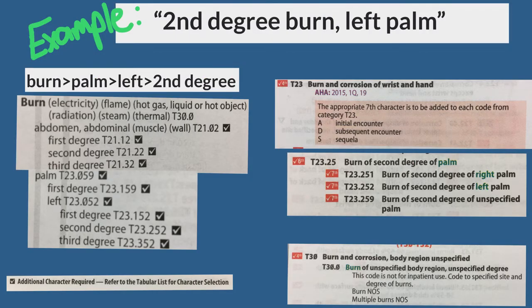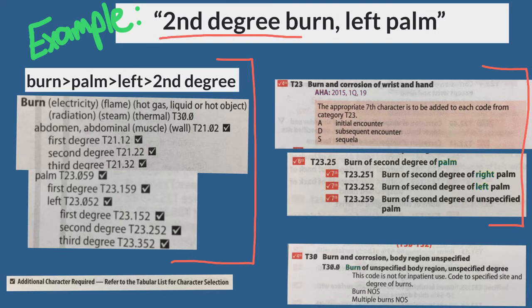Now let's discuss some more the importance of the ACT rule. Always check the tabular. To demonstrate this rule, let's look at both the alphabetic index and the tabular list for the diagnosis of second-degree burn left palm.